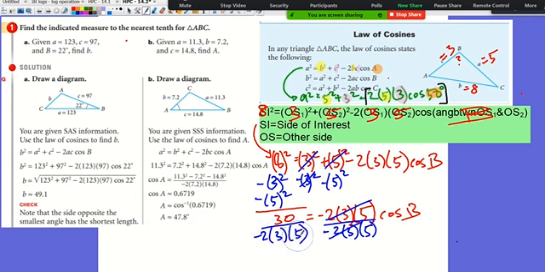When you do 30 divided by this, I would put this in brackets, by the way, in another set of parentheses. And whatever you get for this number, you just do the inverse cosine of, and then you get the answer.